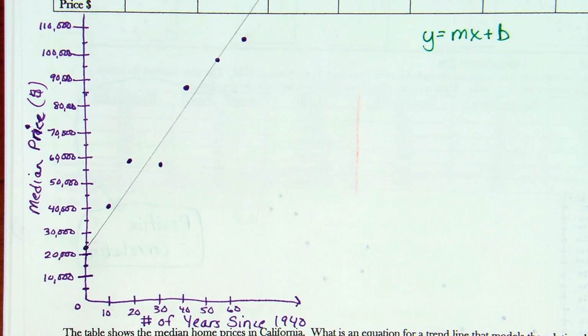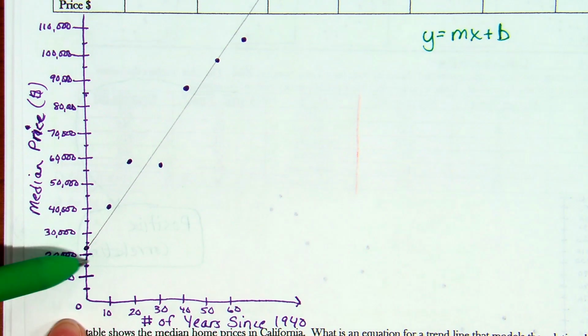One of the points that would definitely be best to use. Why is this a good point to use? It's also the y-intercept, isn't it? So one of the points I'm going to use is the ordered pair 0, 23,100.